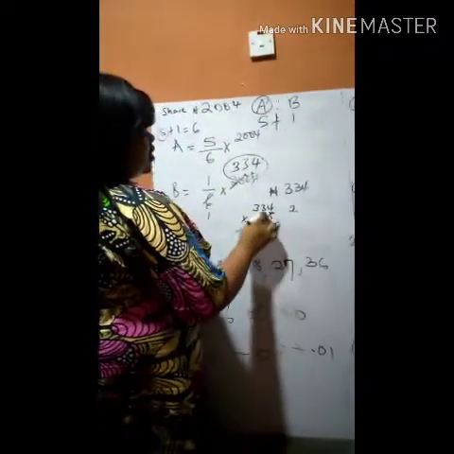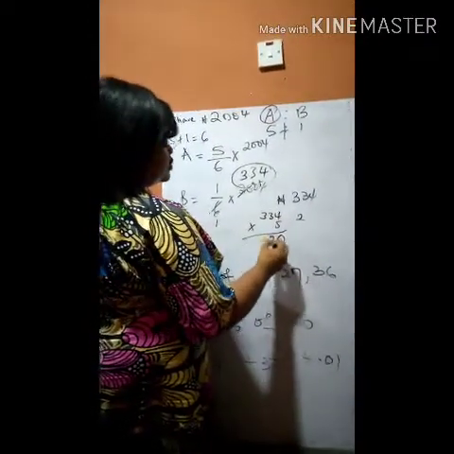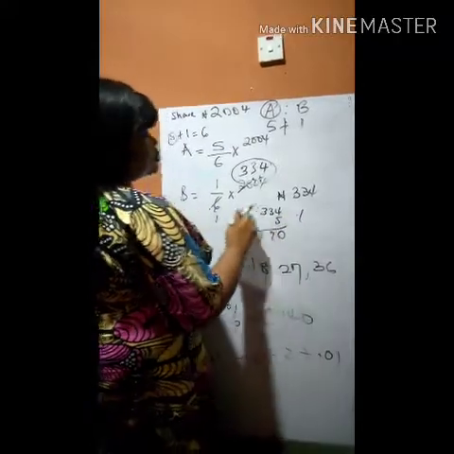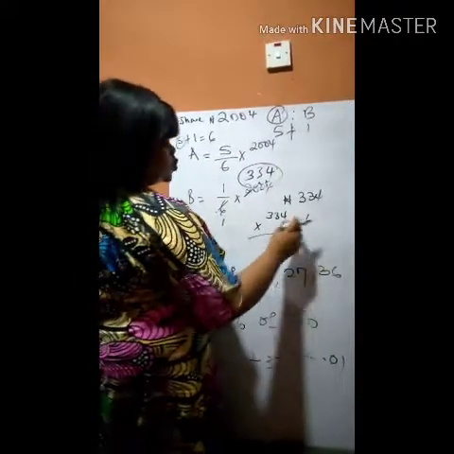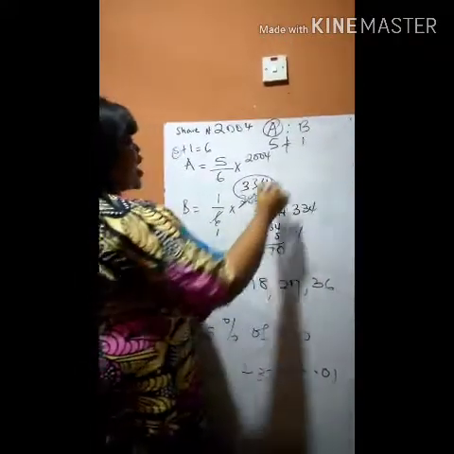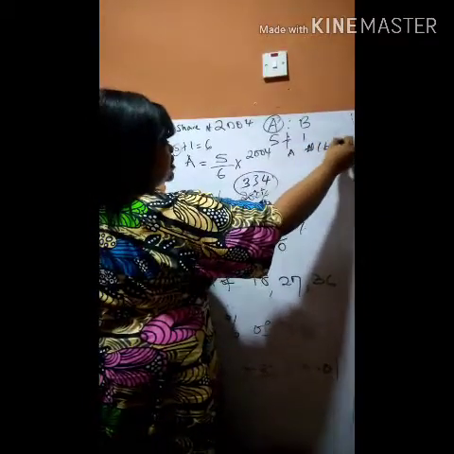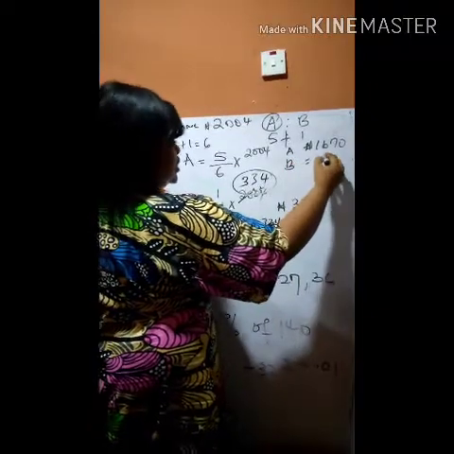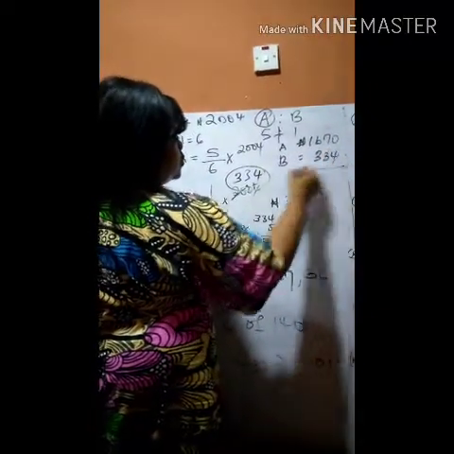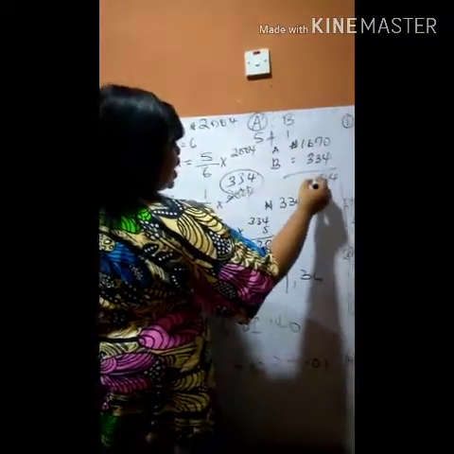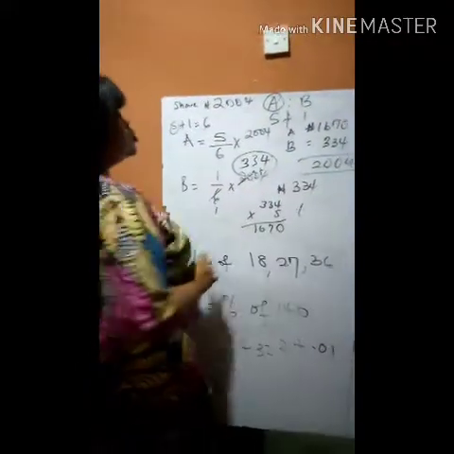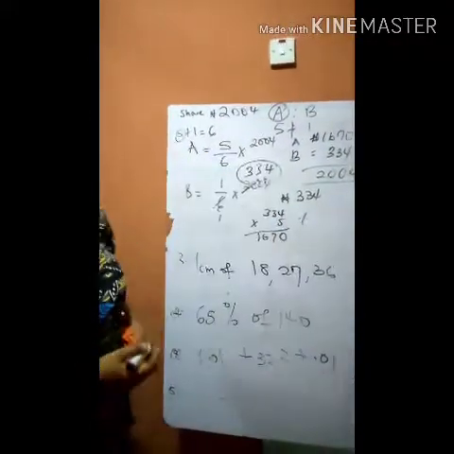You carry 2. 5 times 3, 15 plus this 2, 17. You carry 1. 5 times 3, 15 plus this 1, 16. So A will be getting 1,670. B will be getting 334. If we add them together, we'll be getting 2,004. That's the amount they shared.